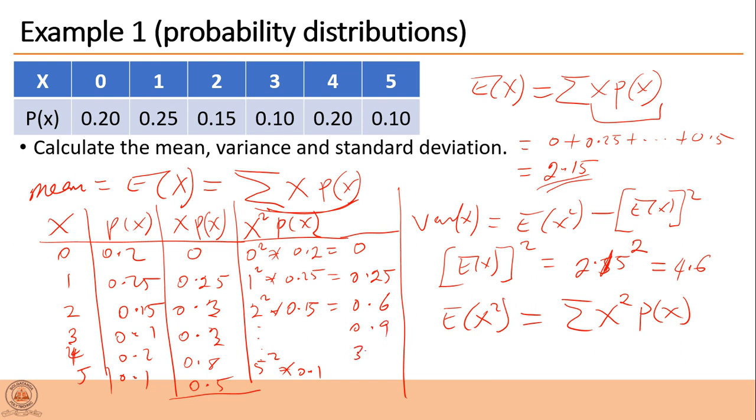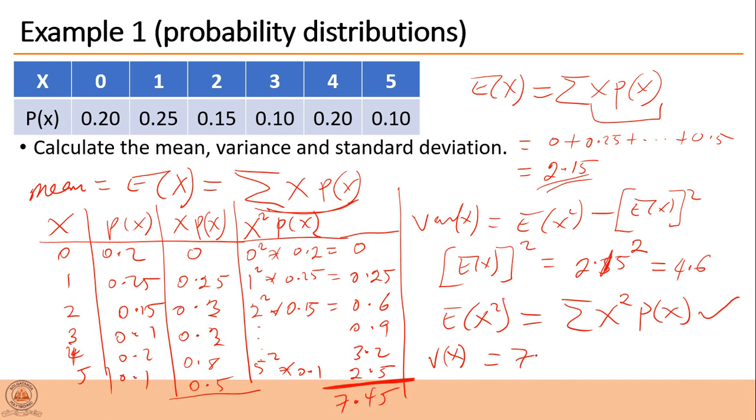Then we have 2.5. So again, we are going to add this particular column, which is the sum of x squared multiplied by the probability of x. So this will be approximately equal to 7.45.